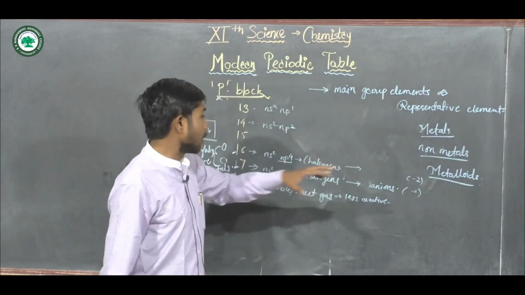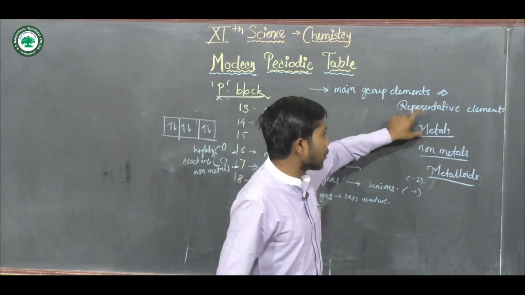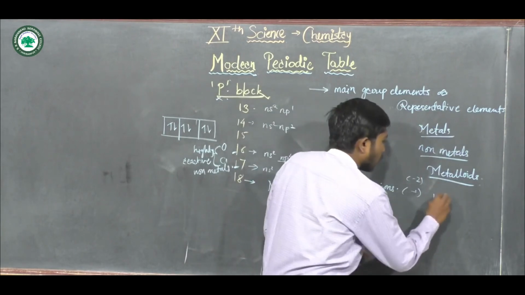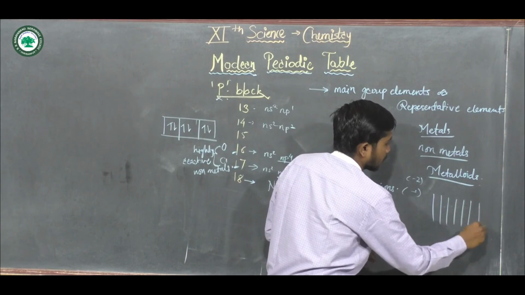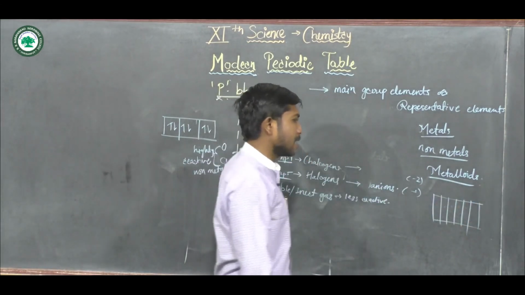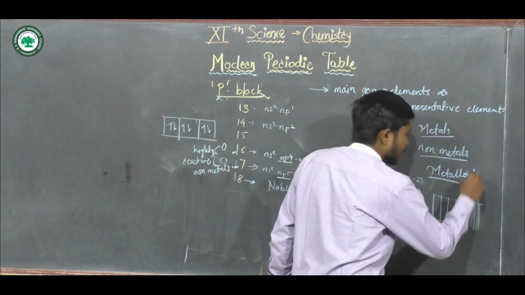Okay, then as we are saying, the p-block contains metals, non-metals and metalloids also. In the p-block, look at these 6 groups: the presence of the 18th group is a noble gas or inert gas element.